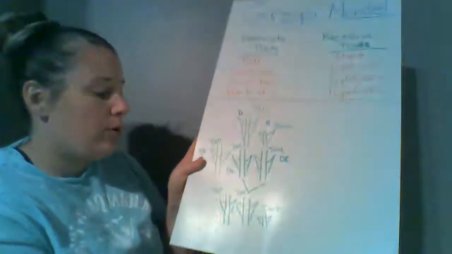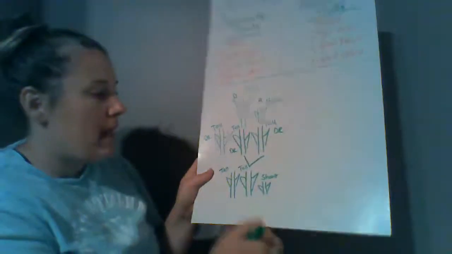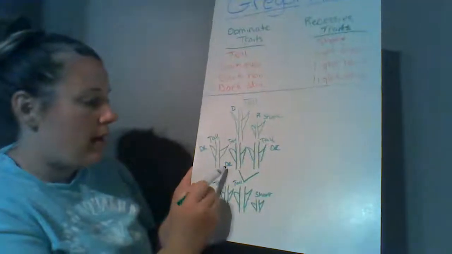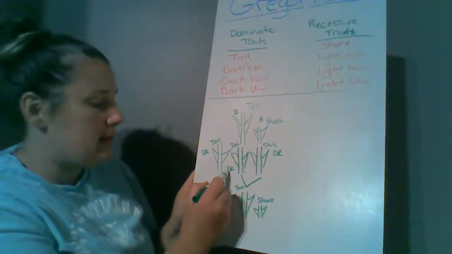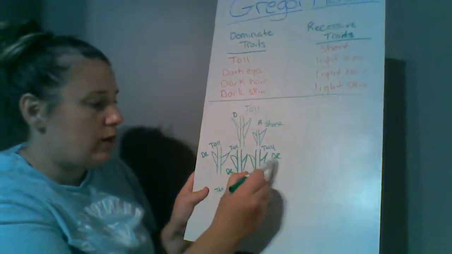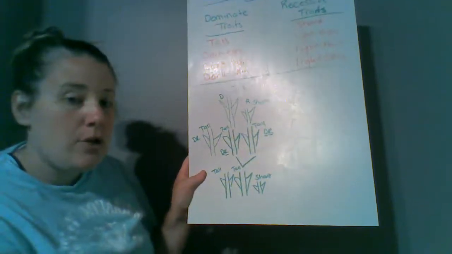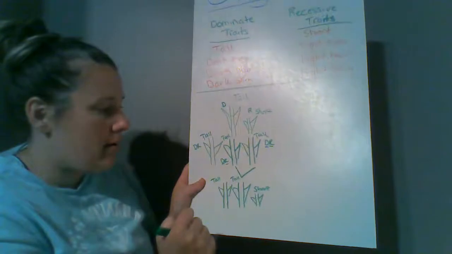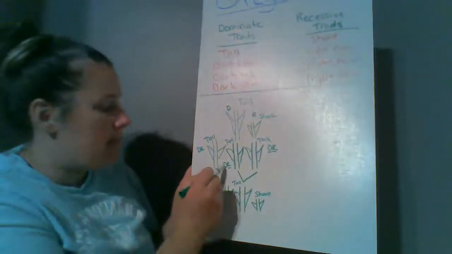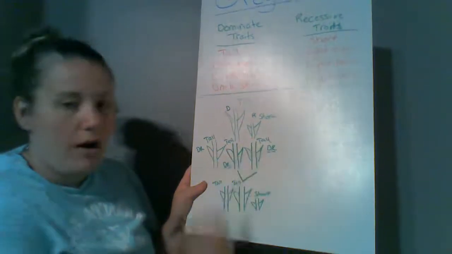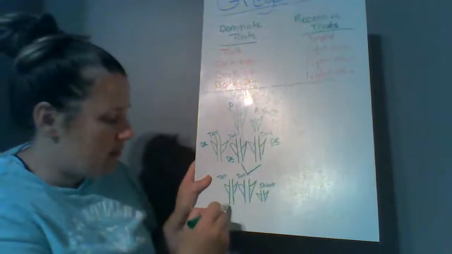So let's take a look and see. Now, I mix these 2 together. Each one of these has a dominant and a recessive trait, even though the recessive was hidden. Remember? So when they mix together, they might have mixed a D and an R together to make this one.